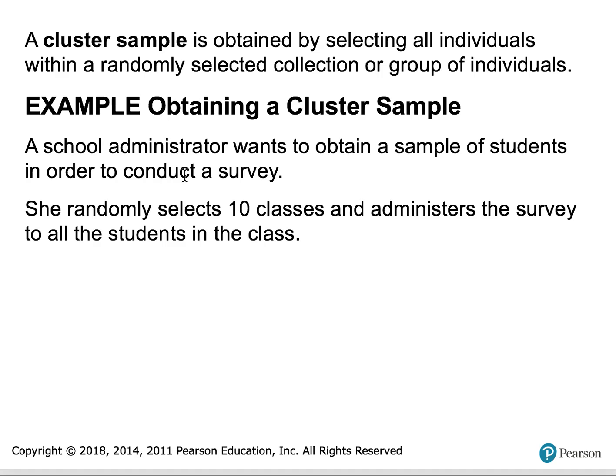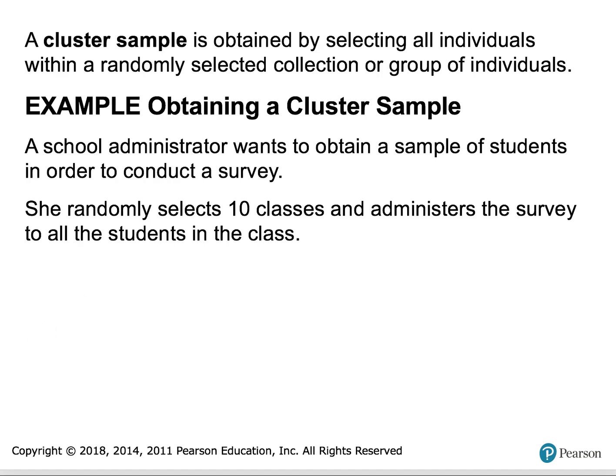Here's an example of cluster sampling. A school administrator wants to obtain a sample of students in order to conduct a survey. So she randomly selects 10 classes and then administers a survey to every student in those 10 classes.